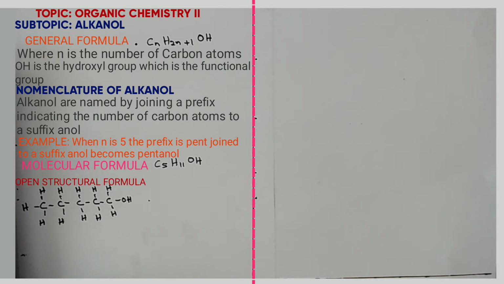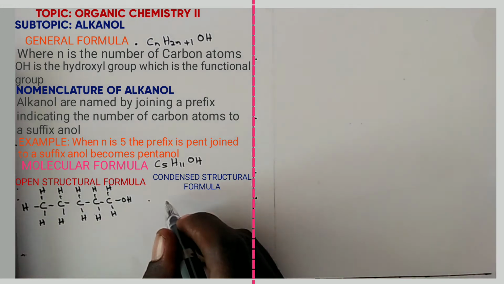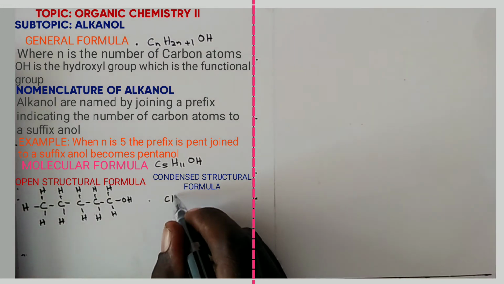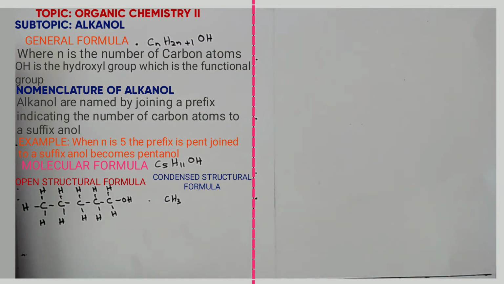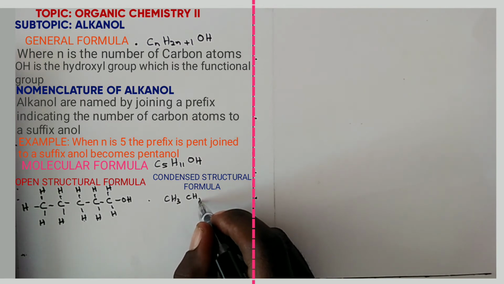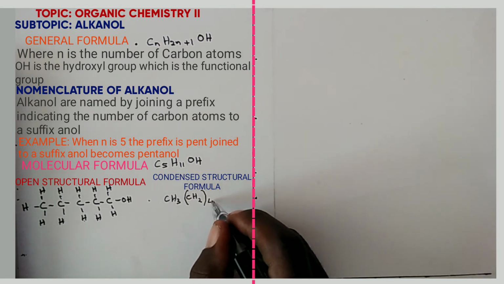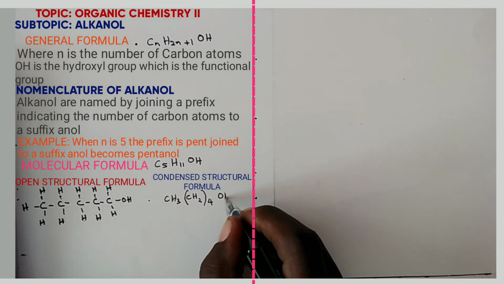The condensed formula from this one: you take the first carbon, it has 3 hydrogen atoms, so it becomes CH3. The next ones are CH2, CH2, CH2, CH2. So I place CH2, and because we have 4 of them being similar, I place brackets, then 4, then OH.